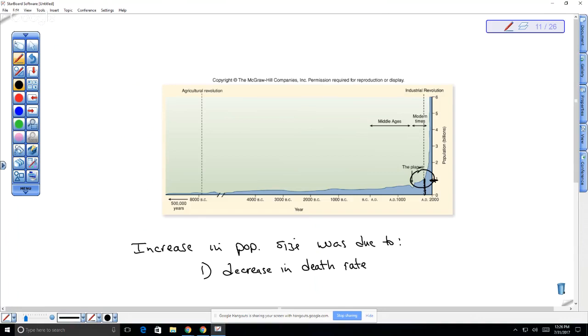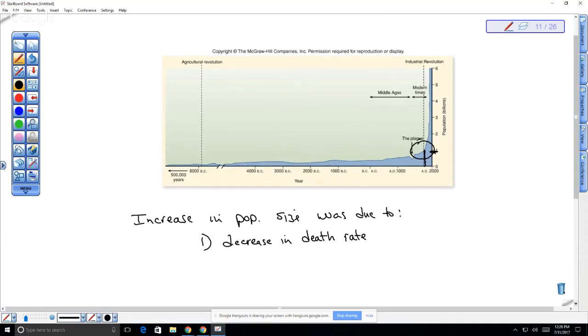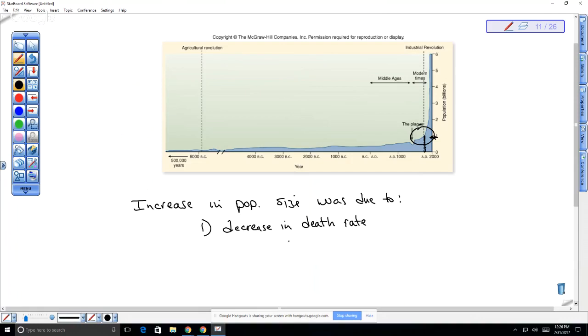Individuals produce a certain number of offspring, and in the past, it was not always assumed that those offspring would survive to reproduce. Oftentimes, children died. We had infant mortality, death at birth. Children typically did not make it past the age of 5. And so just simply by decreasing the death rate through medicine and sanitation, for example, we saw an increase in the human population size. So this is a good thing, I think. Sanitation and medicine.